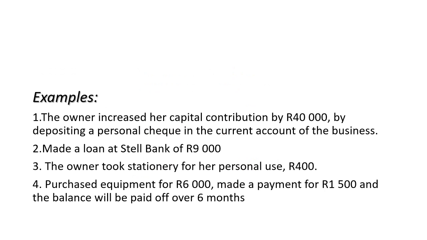And guys, I have made you some examples. Number one, the owner increased her capital contribution by 40,000 by depositing a personal check in the account of the business. What we should ask ourselves is which accounts are affected.